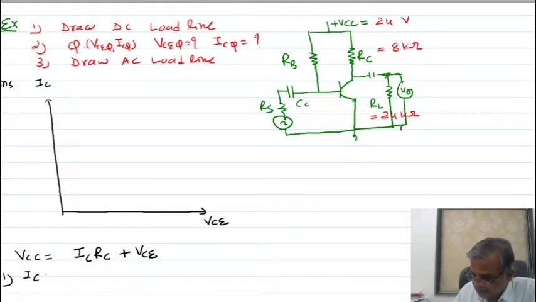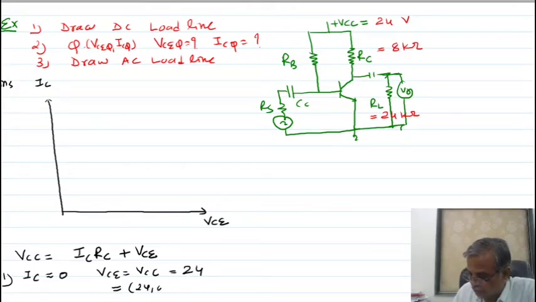When IC is nearly 0, when the transistor does not conduct, VCE is equal to VCC. So you have to put the point 24, 0 on the VCE axis. So I am putting this point here. It is your 24, 0, that is your VCE. This VCE is VCC.